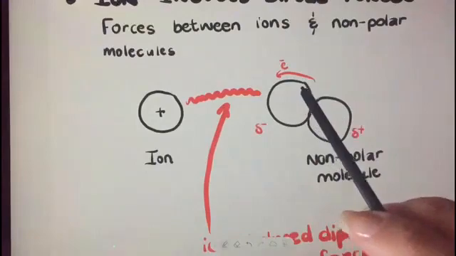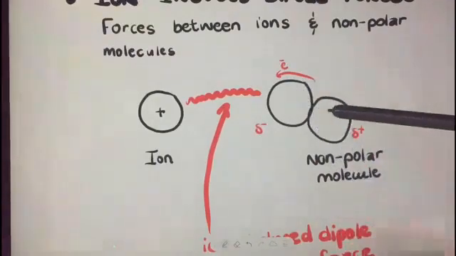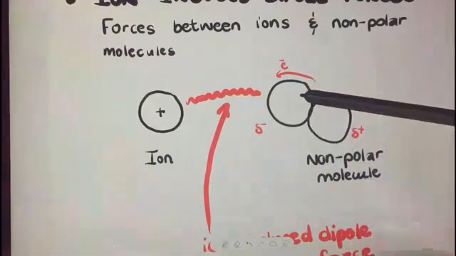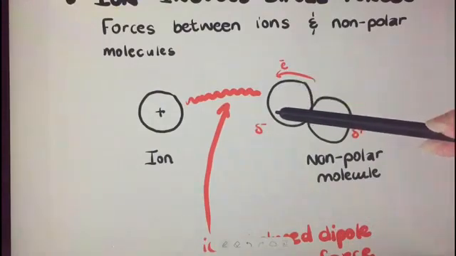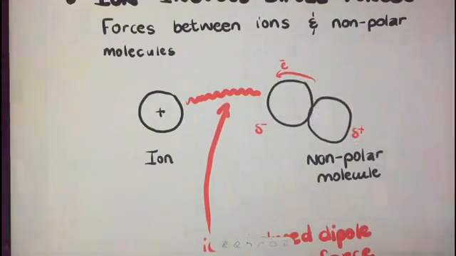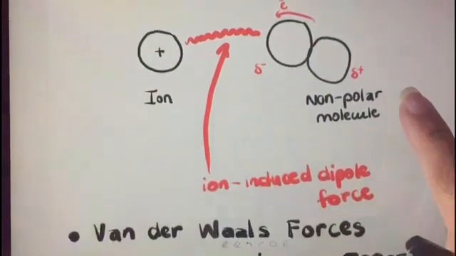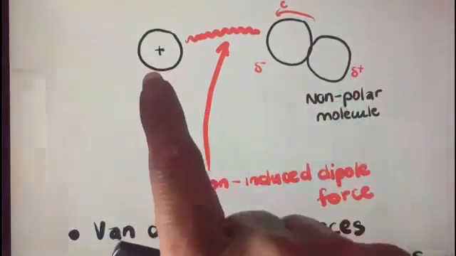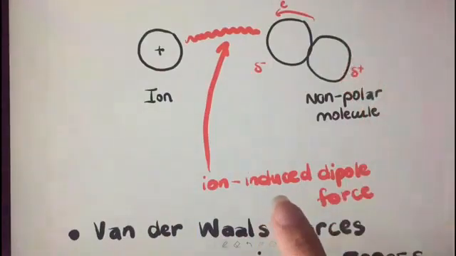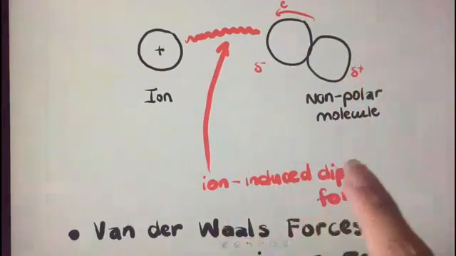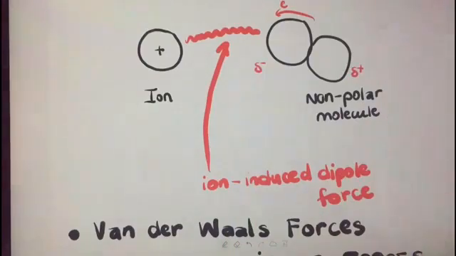And what is going to happen? An induced dipole will form here. And for a short period of time, this side of the molecule will be slightly negative and that side slightly positive. And this attraction between the ion and the induced dipole is referred to as ion-induced dipole forces.